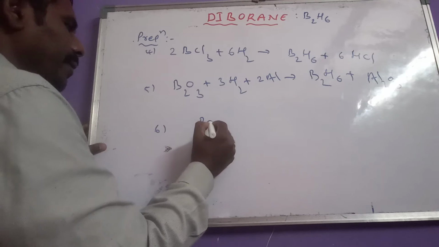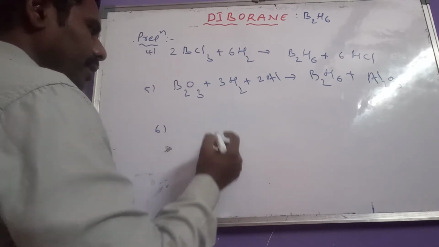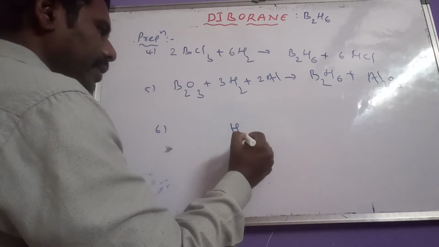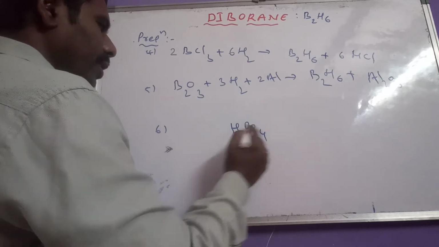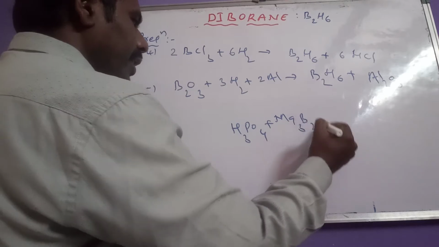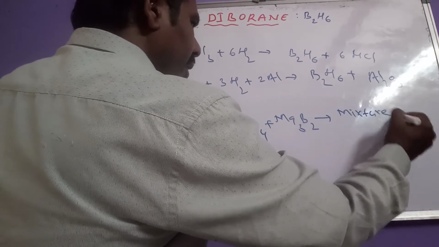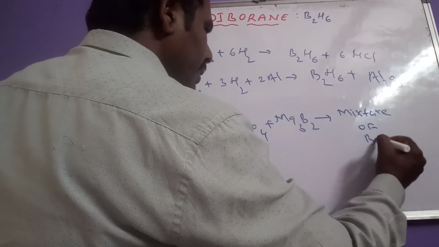Let us see here. H3PO4, phosphoric acid, reacts with Mg3B2 and produces a mixture of boranes.